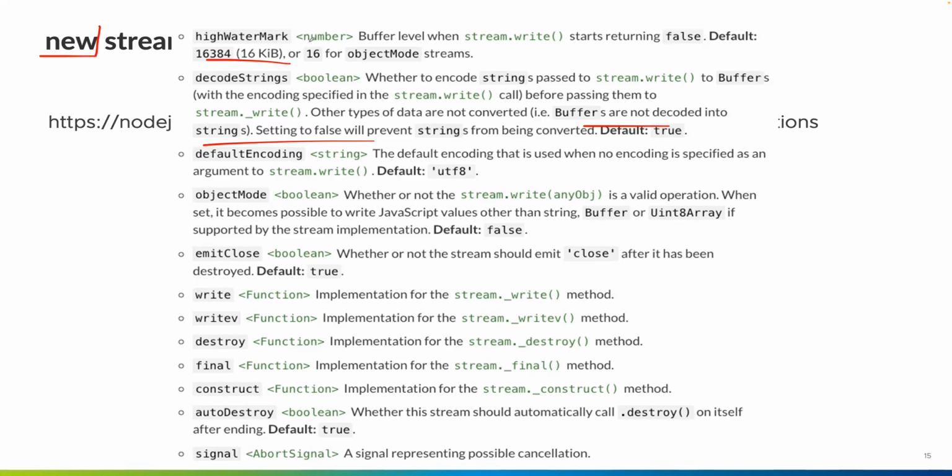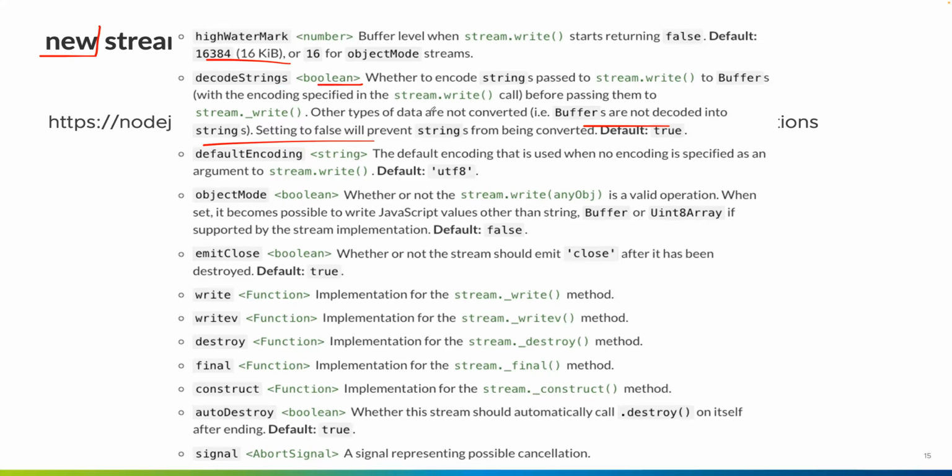You can define your own highWaterMark for your class instead of using the default one. The default is 16 kilobytes for writable. Another one is decodeStrings, which is a Boolean value. Normally we just leave it as it is.